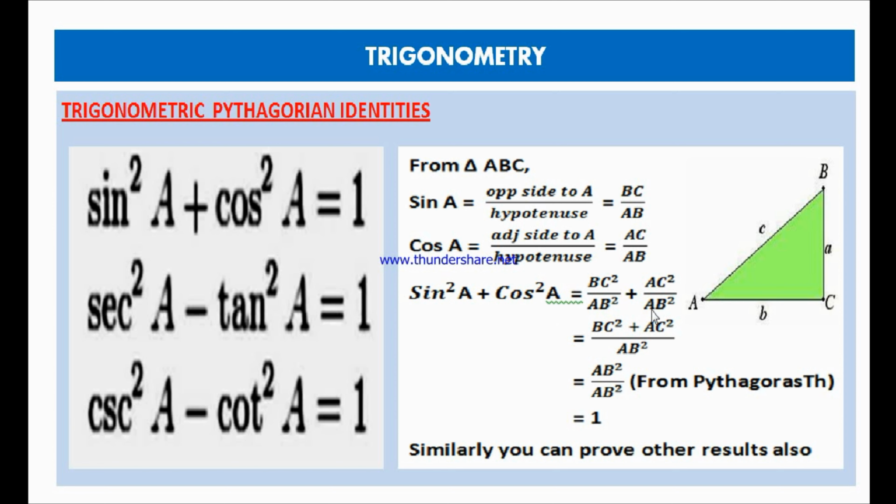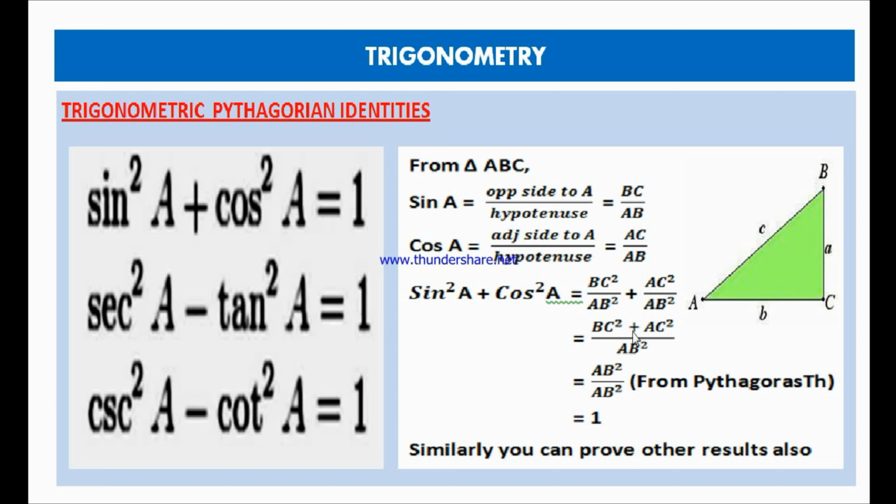Now let us add these two fractions. As these two fractions have the same denominator, AB square itself is the LCM and the numerator is BC square plus AC square. If we apply Pythagoras theorem to this right triangle, BC square plus AC square means side square plus side square is equal to hypotenuse square, that is AB square.